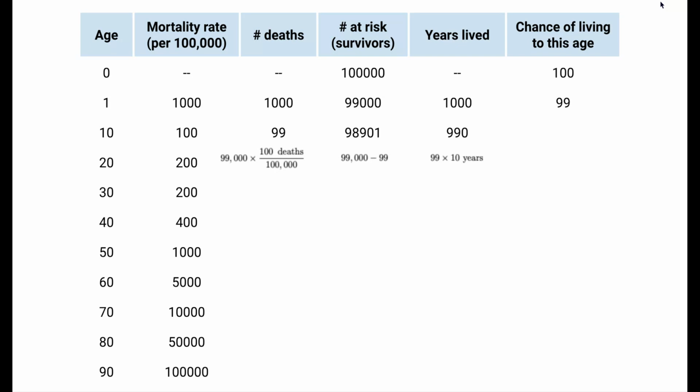Again, we make the assumption that the age of death for the 99 who die is the maximum in this time period, 10 years old. This results in 990 person years lived. And the chance of living to this age is the 98,901 surviving out of the original 100,000.